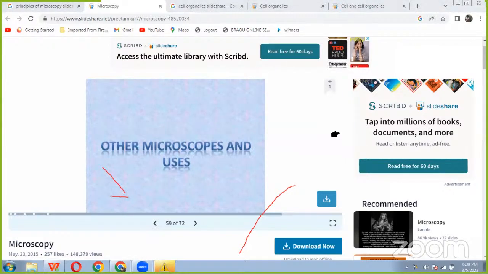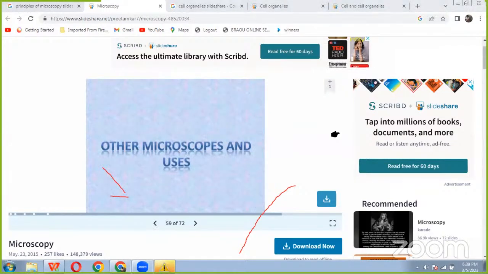Next one, there is no need for a vacuum environment in the light microscope. The vacuum is very important and necessary in TEM and SEM, the electron microscopes. Next one, dehydration of the specimens is not necessary in the compound or light microscope.